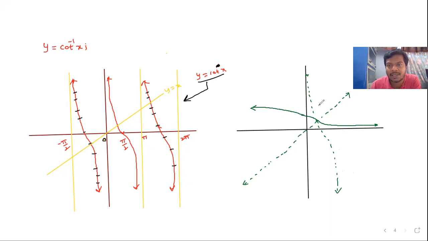This one, okay? For this it is symmetric, and for this it is symmetric. Therefore this graph is y equal to cot inverse of x graph.